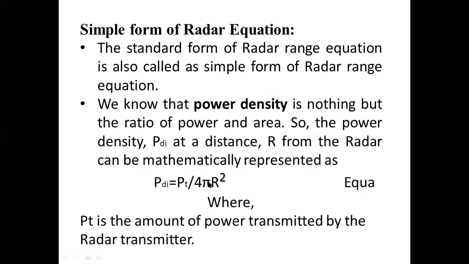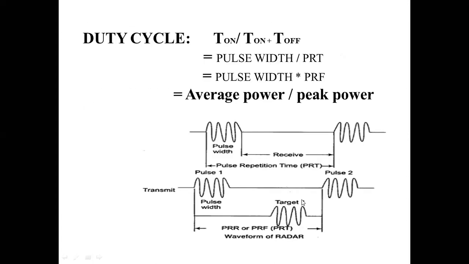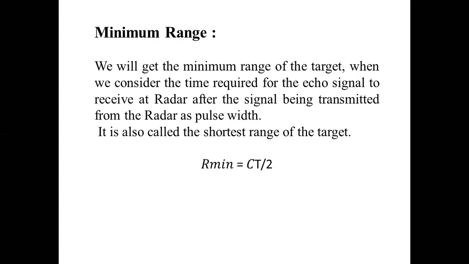Next, now the important topic in this unit: one of the important topics is the simple form of the radar equation. So how can we calculate the radar range? Up to now we were just calculating the range, that is, between two points how much distance we have.